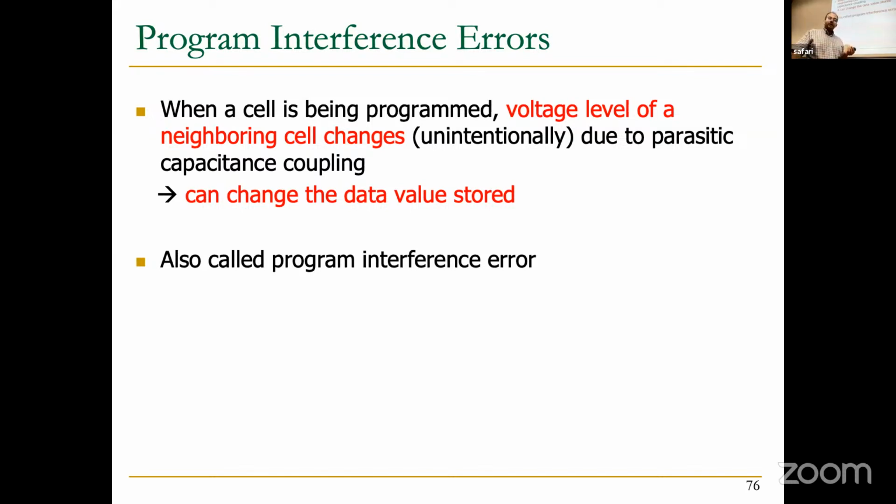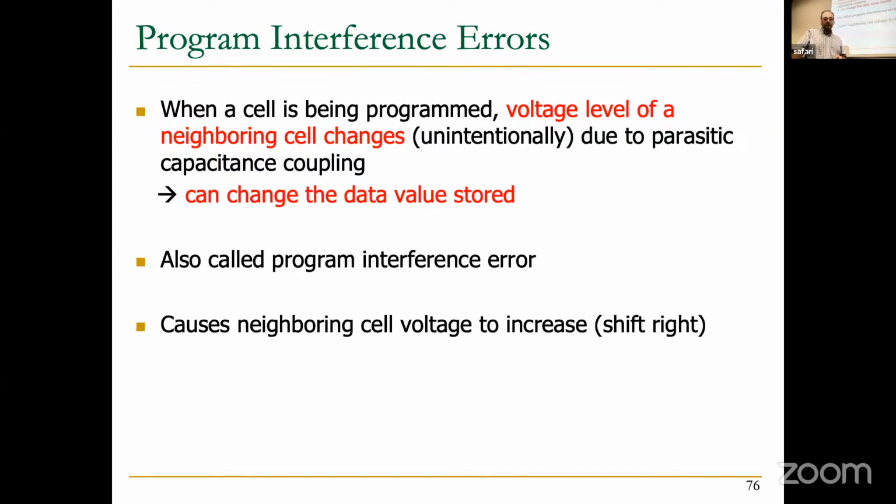The pass voltage is still less than the program voltage. You can consider the program voltage to be like 10 volts or 20 volts, but the pass voltage is around 5 volts. But even that 5 volts can cause some errors. That 5 volt pass voltage can increase the threshold voltage of cells that you didn't want to touch.